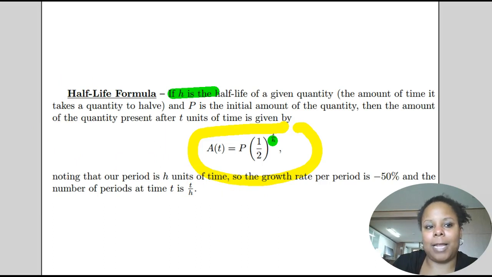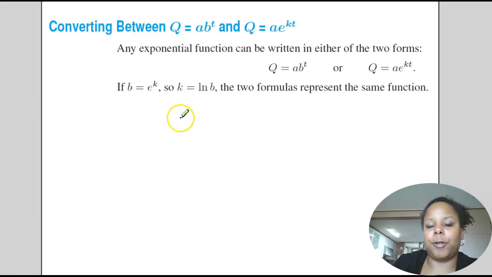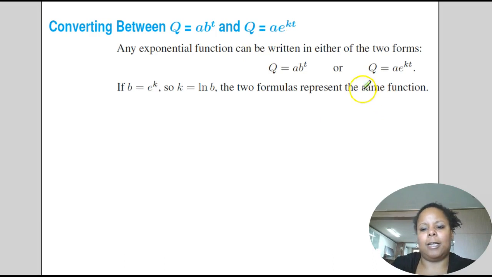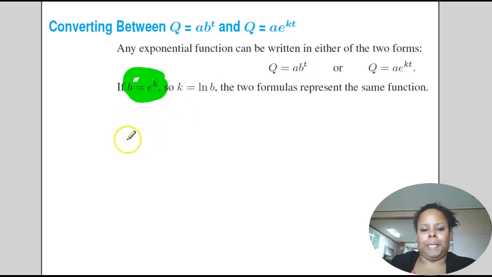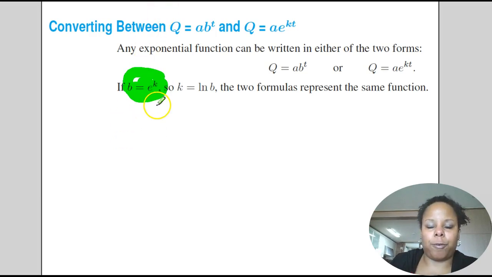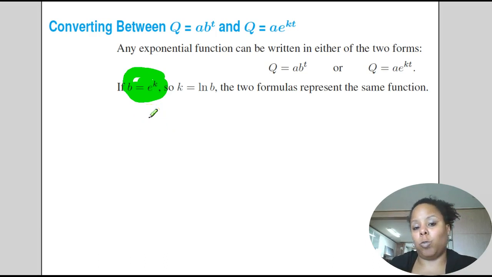Okay, last thing we want to talk about is converting between Q = A times b to the t and Q = A e to the kt. So remember, we talked about how for every exponential function, for b, we can always find a value k for which we can use this relationship. So for our example, we used the relative growth rate of 0.014.